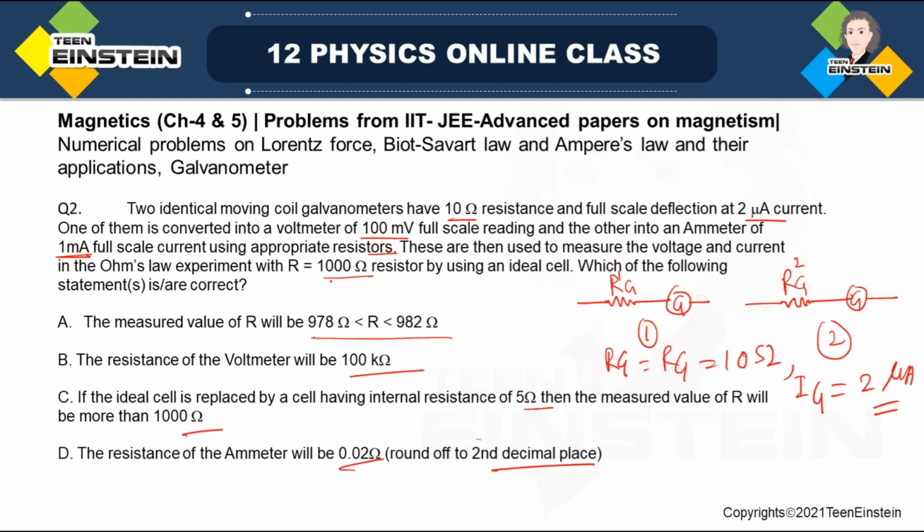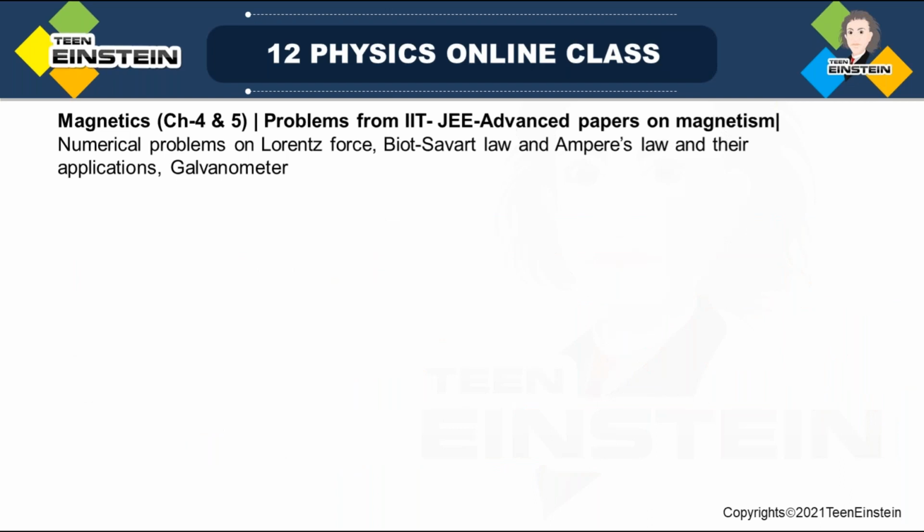The galvanometer has been converted into a voltmeter. Okay, so let us see. We have been given a galvanometer Rg, and this is the voltmeter.